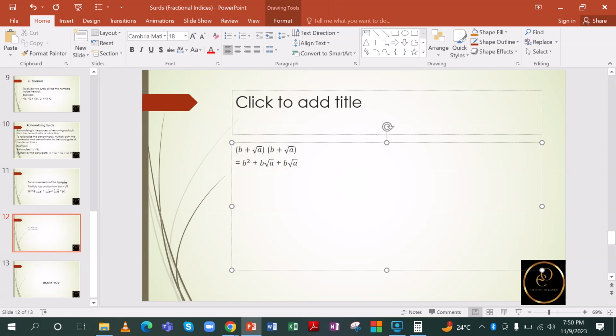Then you have the square root of A times the square root of A. It will be this one, and this one again.